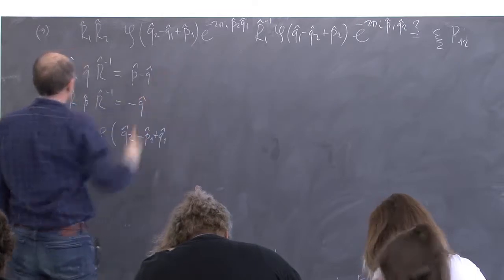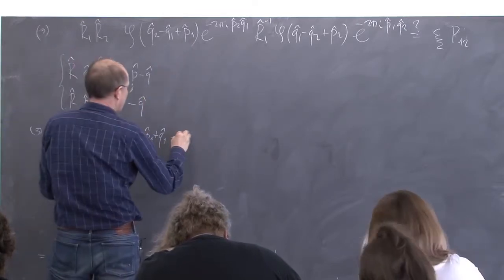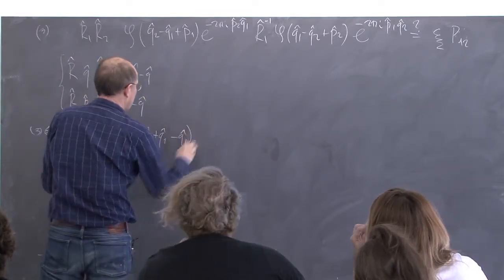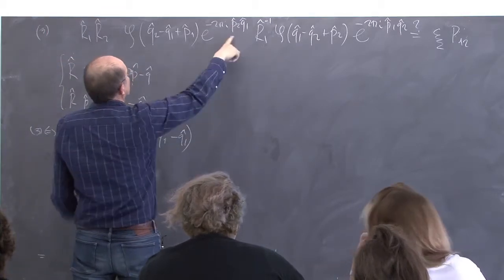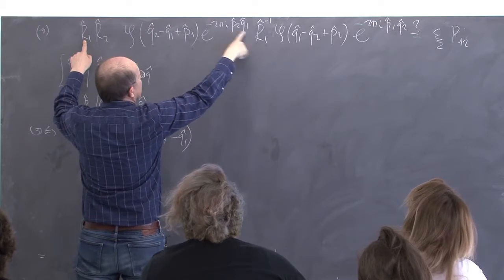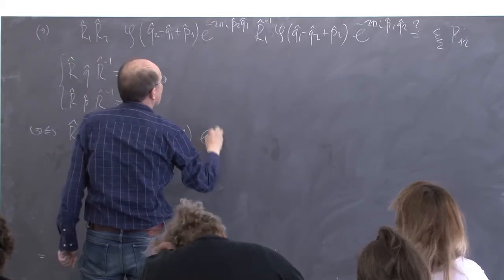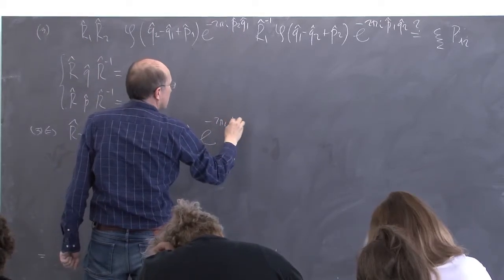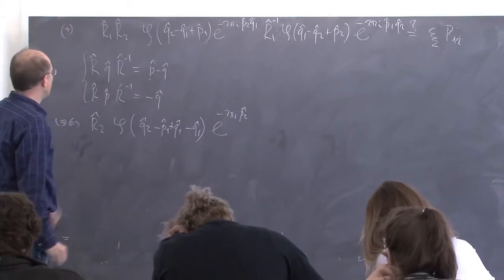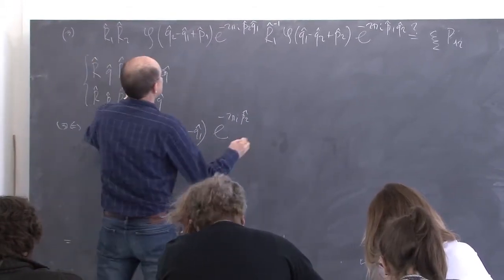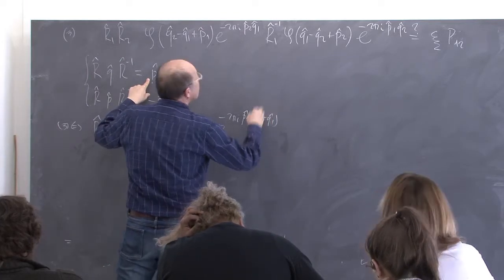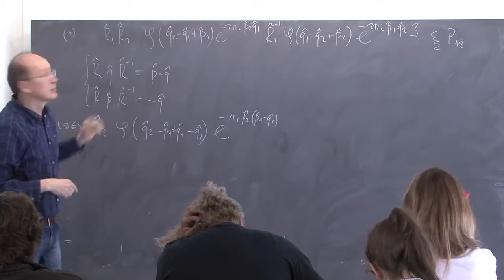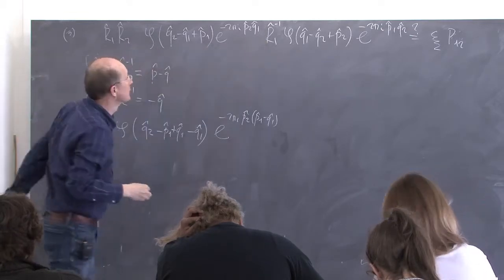And P1 should become minus Q1. And then we can move through this exponential also. Minus 2 pi i, P2 stays intact, and Q1 becomes P1 hat minus Q1 hat. And the R1 disappears because it meets its inverse.